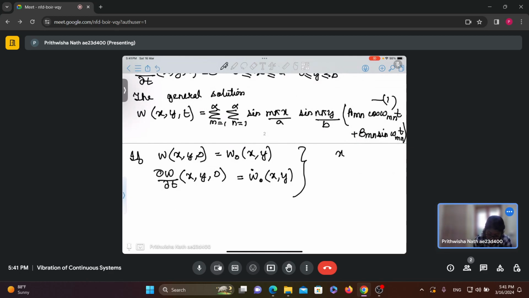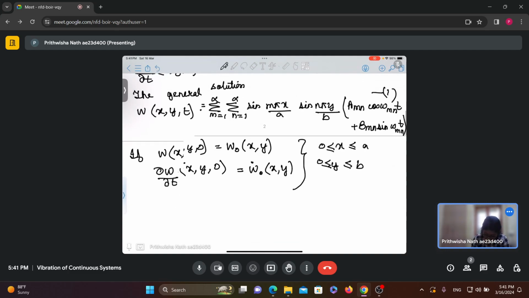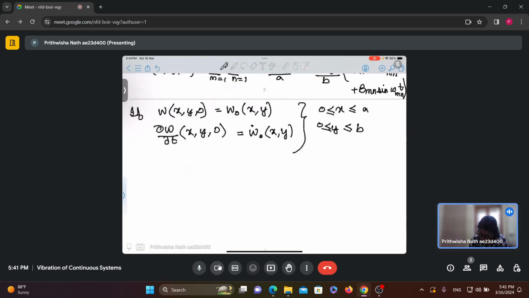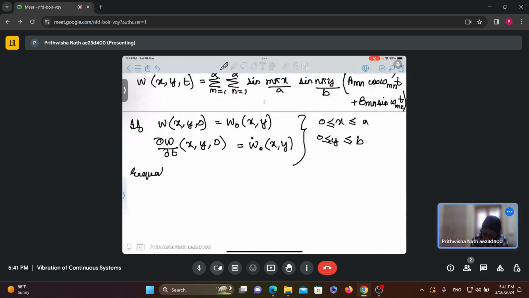This is for x from 0 to A and y from 0 to B. Now equation 1 becomes W naught (x, y).